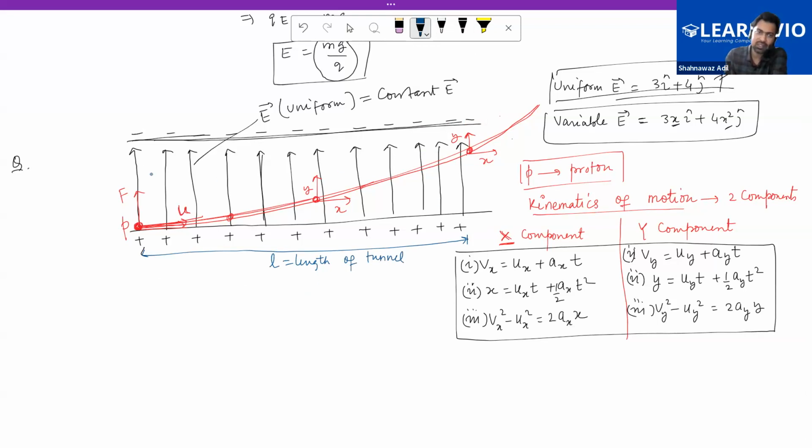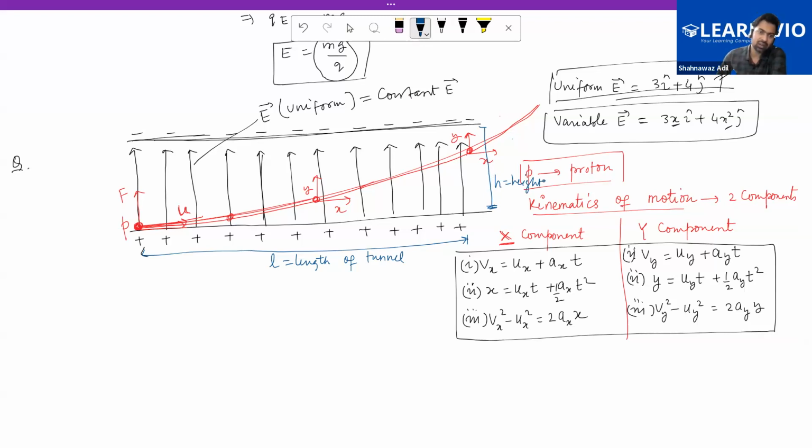And this is the height of the tunnel, and let me write it as h. Is it clear? Yes, sir.